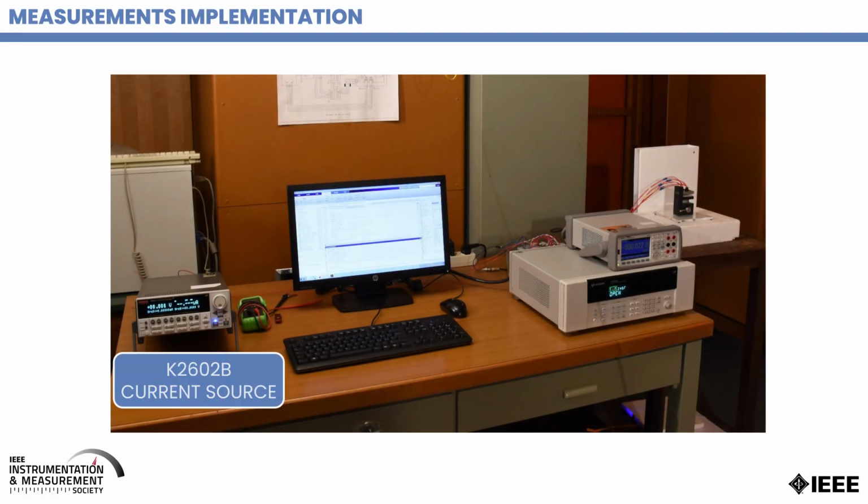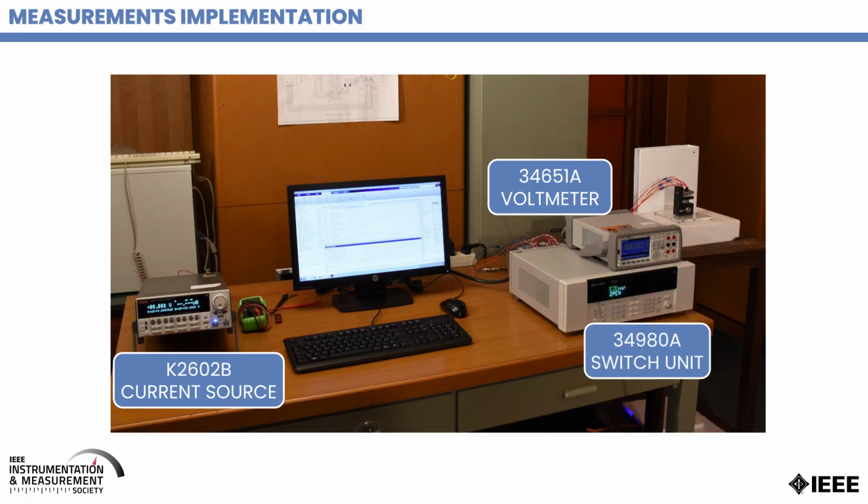So let's talk about the implementation of electrical resistance tomography. For example, our experimental setup is based on a current source, a voltage sensing instrument, a voltmeter, a switching matrix, a switching unit to perform the different measurement configurations.